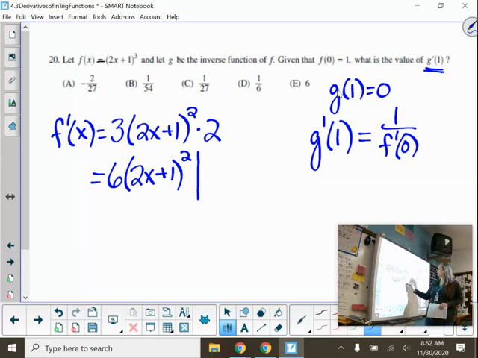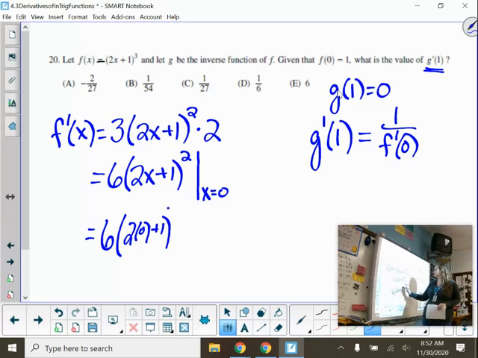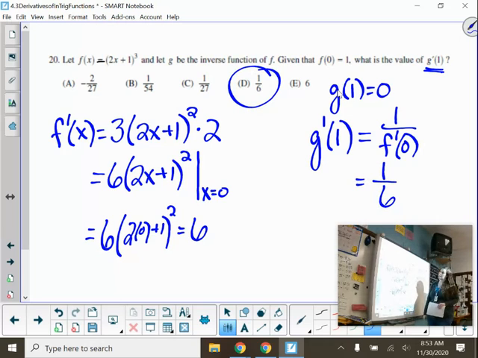We are evaluating this at 0, because I want to find f prime at 0, and my g prime at 1 is going to be the reciprocal of that. So this is 6 times (2 times 0 plus 1) squared. 2 times 0 is 0, plus 1 is 1, and 1 squared is still 1. So this is equal to 6, which means my g prime at 1 is equal to 1 over 6. So D would be my correct answer there.